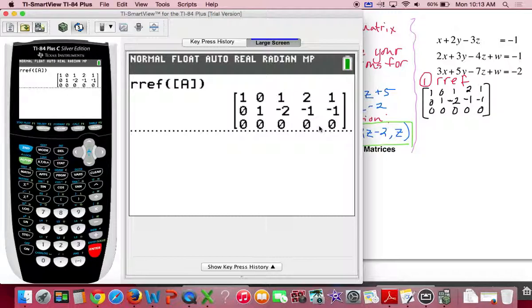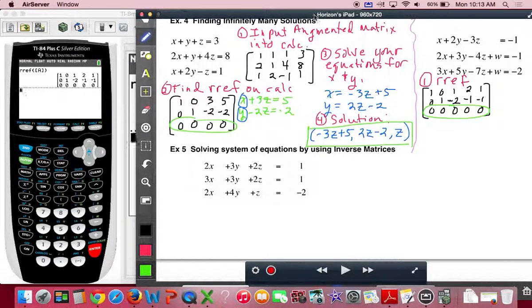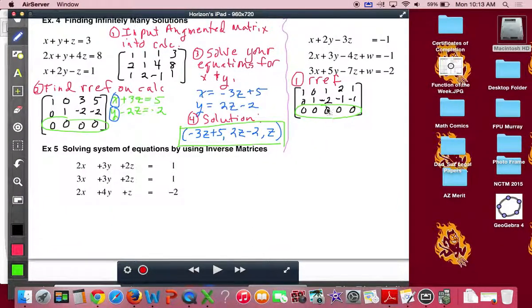So again, that telltale bottom row is all 0.